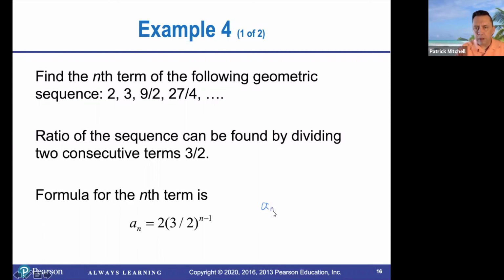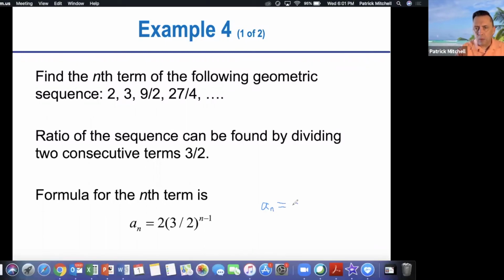So that formula goes A sub n equals A1 times r to the power n minus 1. Okay, so we filled in 3 halves for r, and we filled in 2 for A1 because that's the first term.